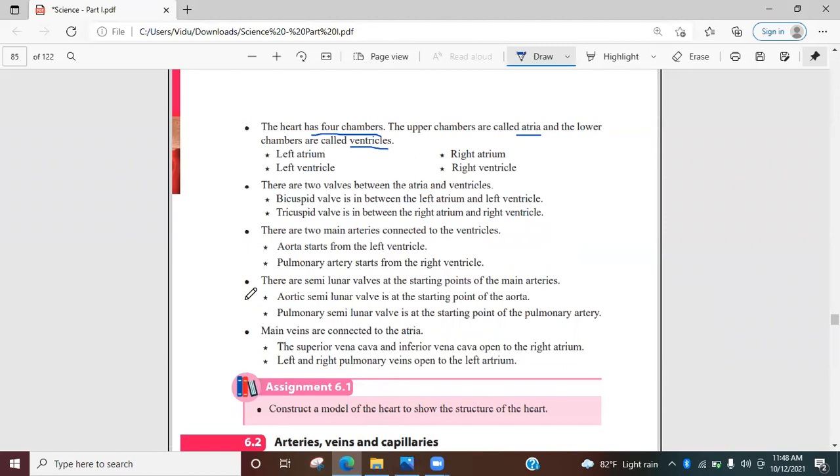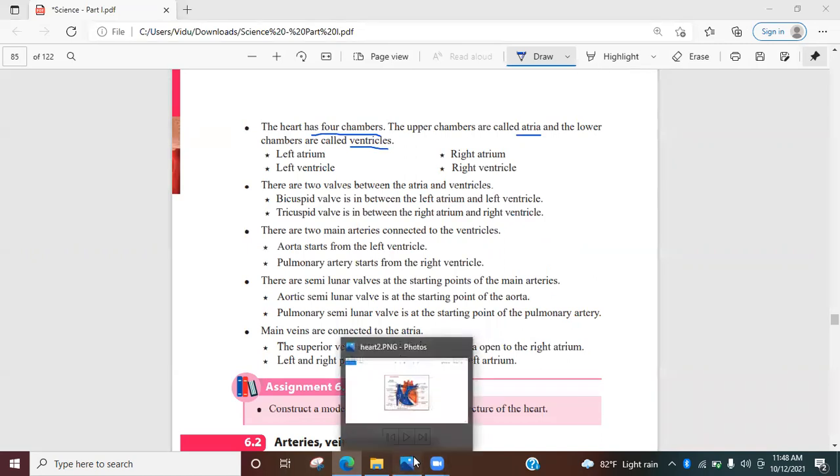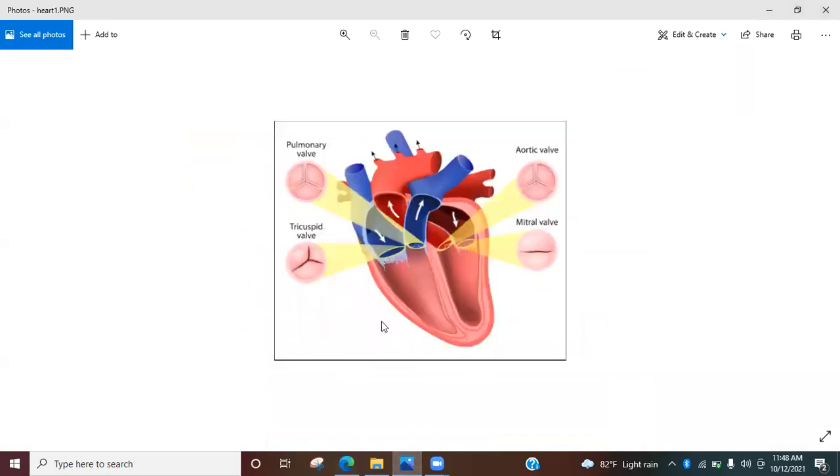There are semilunar valves at the starting points of the main arteries. Aortic semilunar valve is at the starting point of the aorta. Here, the aortic semilunar valve is the starting point of the aorta.